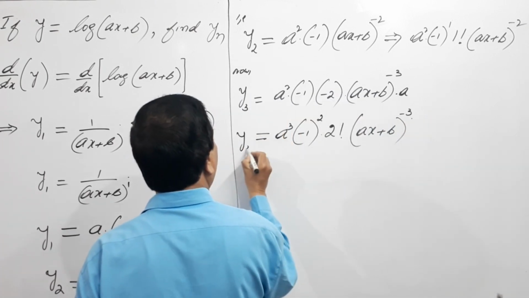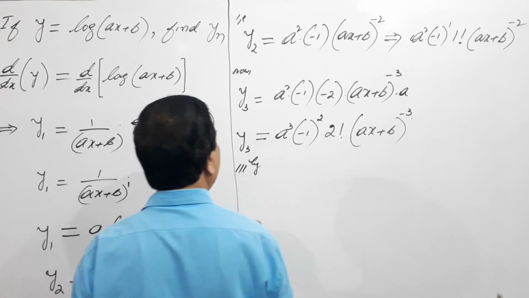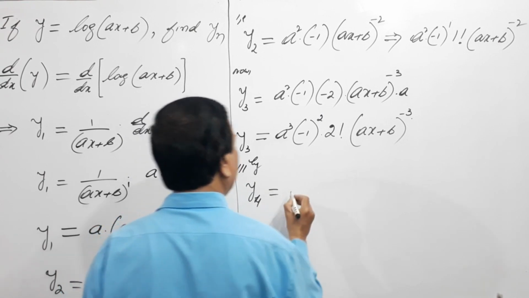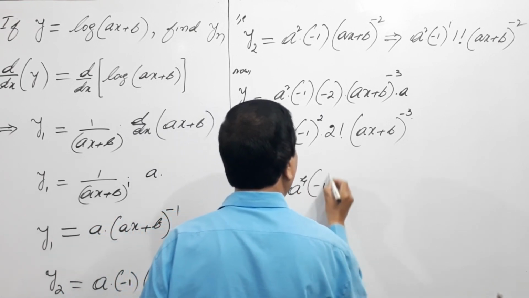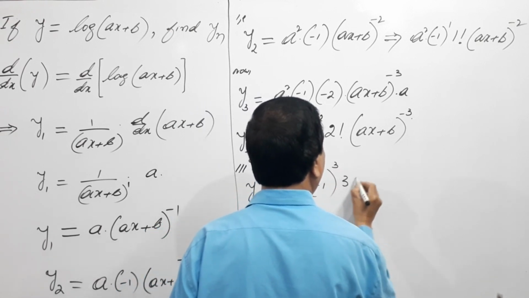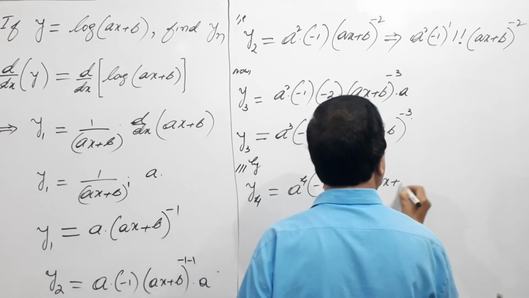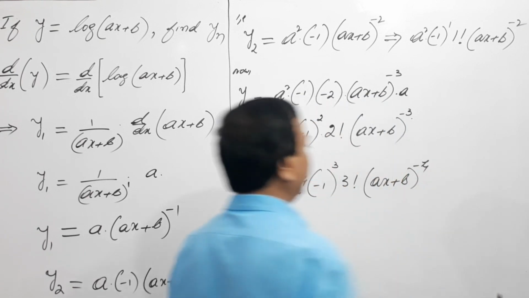This is our y3. Similarly, y4 will be a to the power of 4 into minus 1 to the power of 3 into 3 factorial into ax plus b to the power of minus 4.